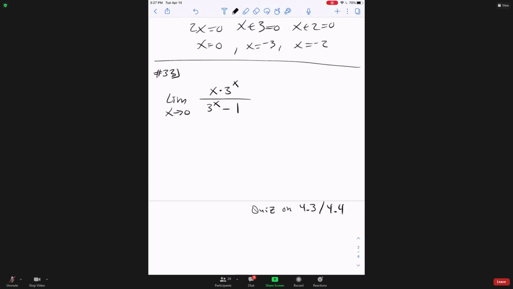So you should know the relative extrema section on 4.3. 4.4 is L'Hopital's rule.